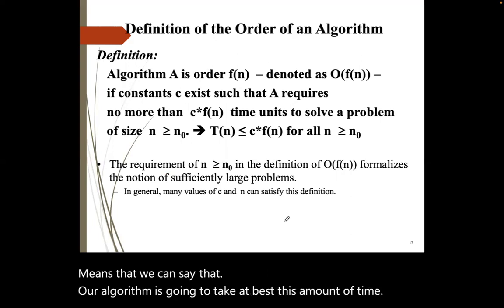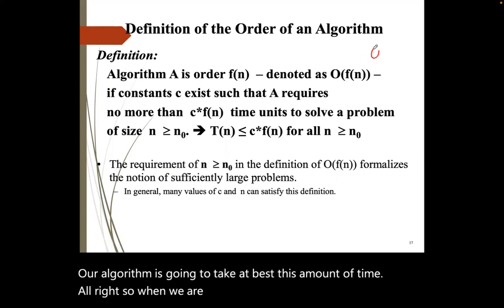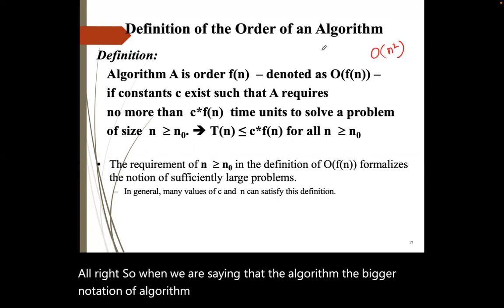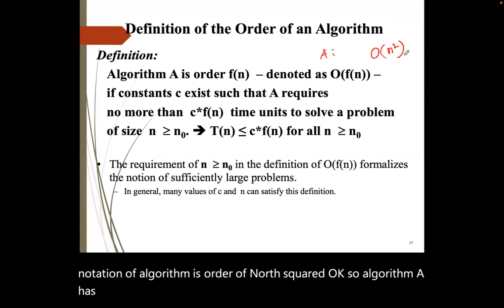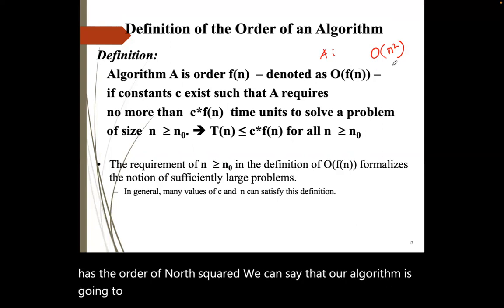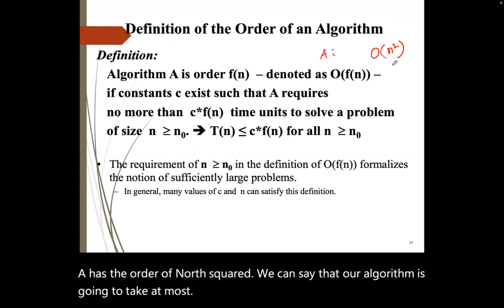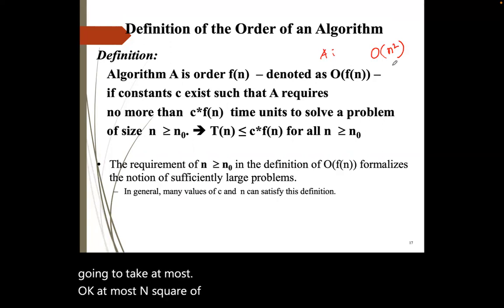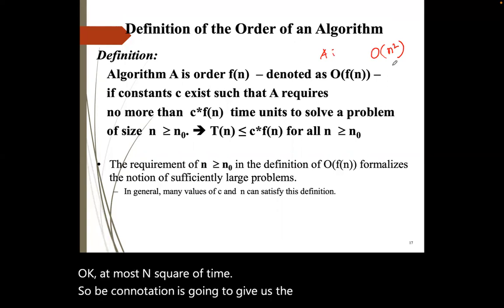When we say that the big O notation of algorithm A is order of n square, we can say that our algorithm is going to take at most n square of time. So big O notation gives us the upper bound of the runtime of the algorithm.